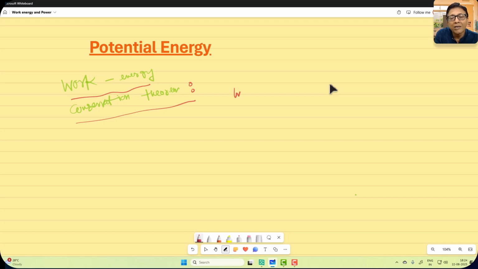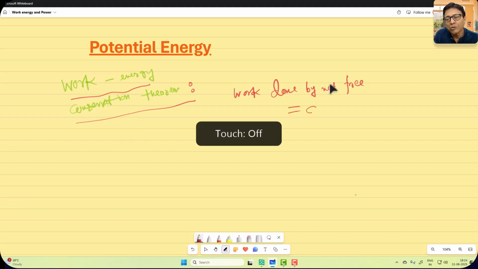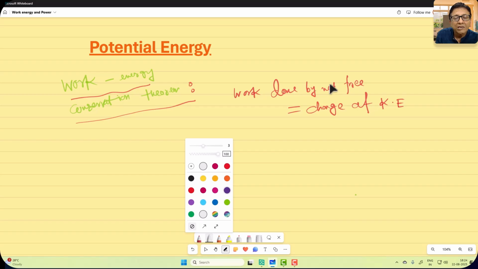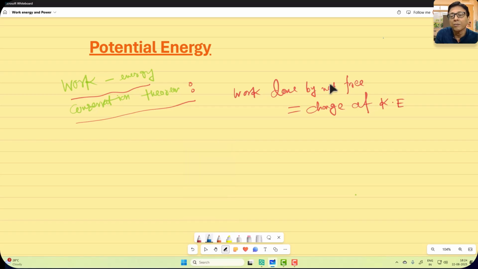That work done by net force is equal to change of kinetic energy. See, nothing is told about the concept of potential energy here. This is just work done by net force equal to change of kinetic energy. Net force means what?